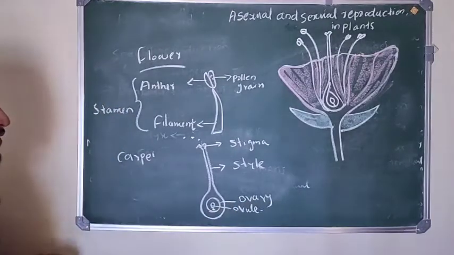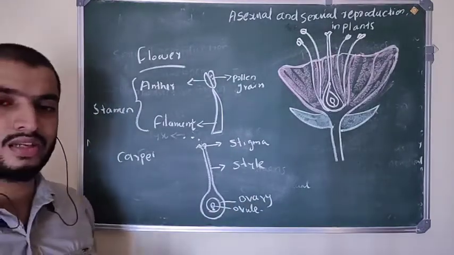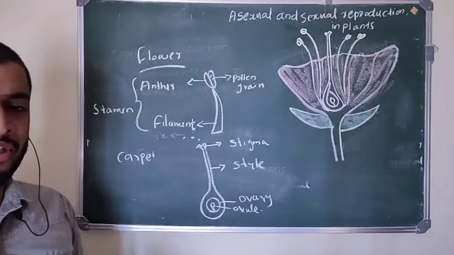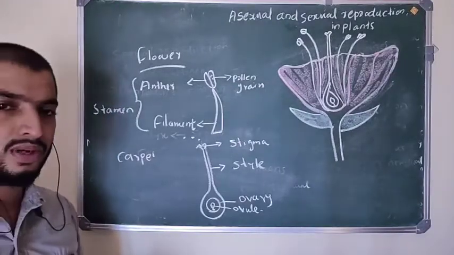So this is a general introduction to the structure of the flower: calyx, corolla, androecium and gynoecium.